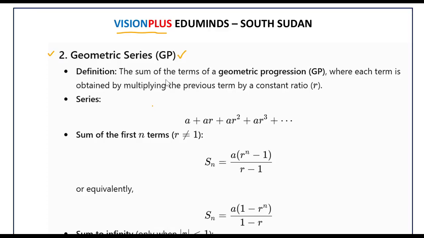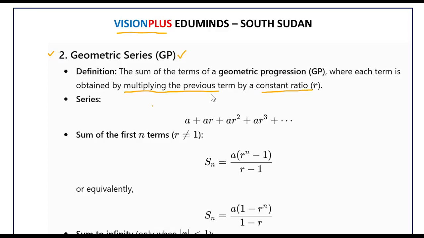By definition, the sum of the terms of a geometric progression, GP, is where each term is obtained by multiplying the previous term by a constant ratio R. Remember, in AP, we were adding terms, and the next term was obtained by adding a common difference to the previous term.